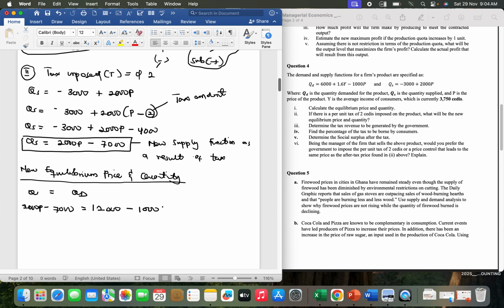So we group like terms. We move the 1000P to the left, it becomes positive 1000P. This is 12,000. You move the 7,000, it becomes plus 7,000. So now 2000 plus 1000 gives us 3000P, and 12,000 plus 7,000 gives us 19,000.